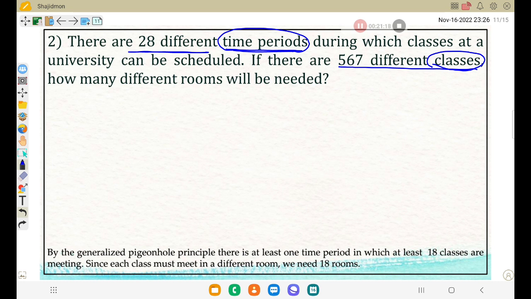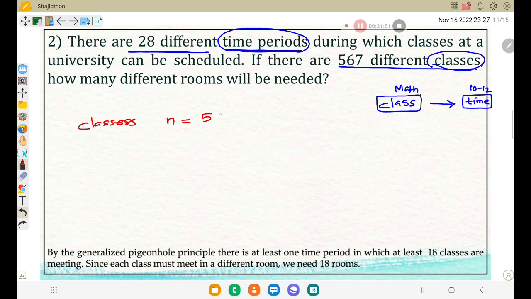Each course we are scheduling into a time period. So what is the pigeon actually? The number of different classes. How many classes do we have here?